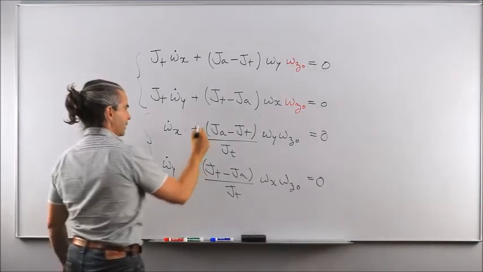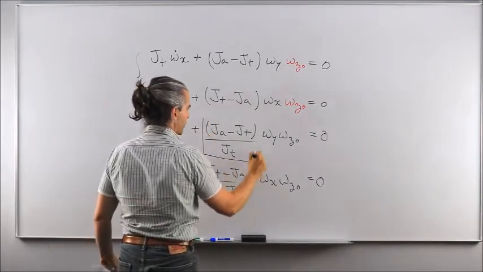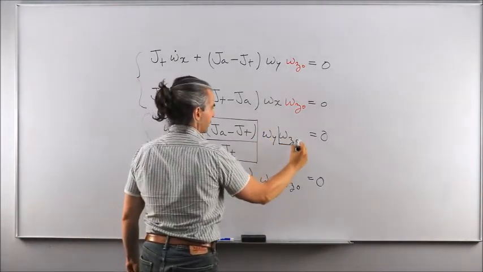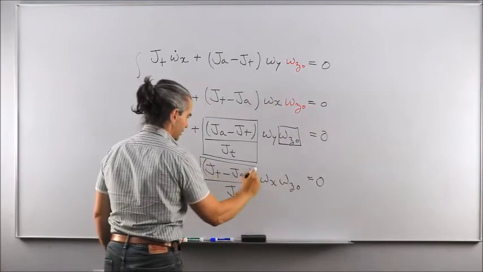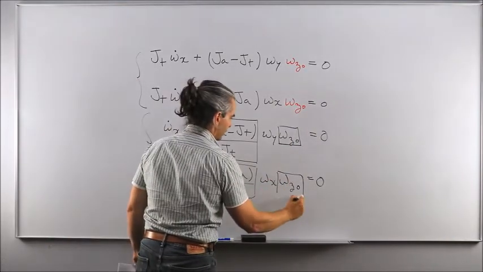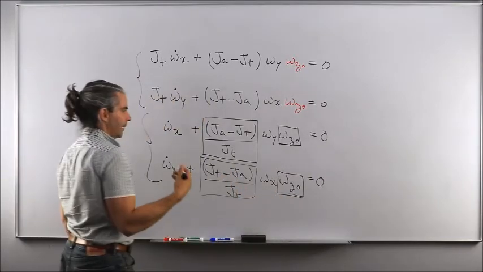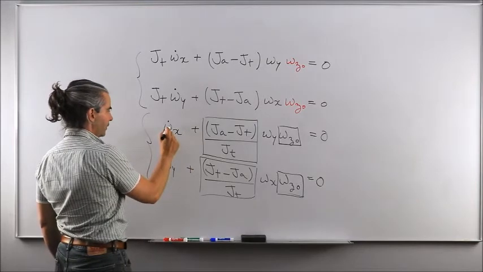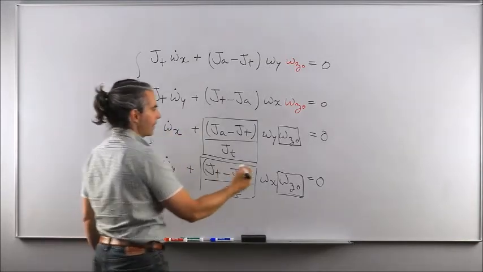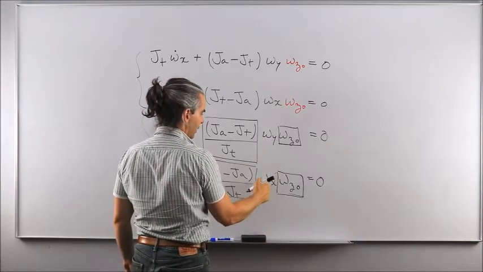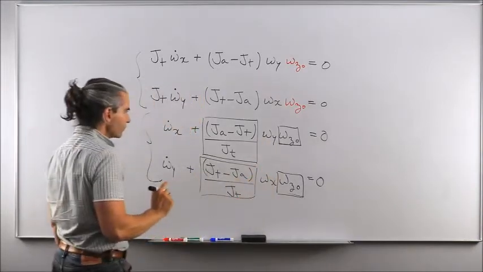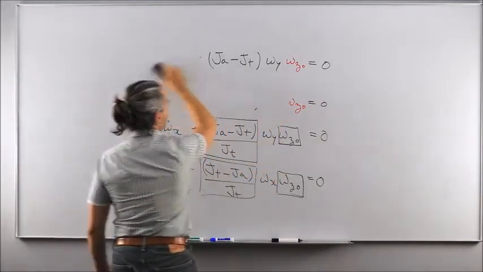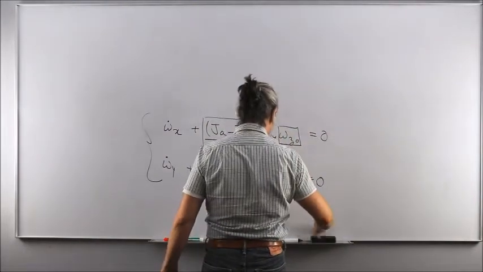Now, it turns out that this bunch of terms happens to be a constant, and this is also a constant. This is also a constant, and that is a constant as well, right? Because the actual dynamical variables that will then vary with time in those two equations are the derivative of the angular rates about x and y, and the angular rate about x and y as components here, okay? So to make our life easier, we're going to group those constants together and define one single constant.